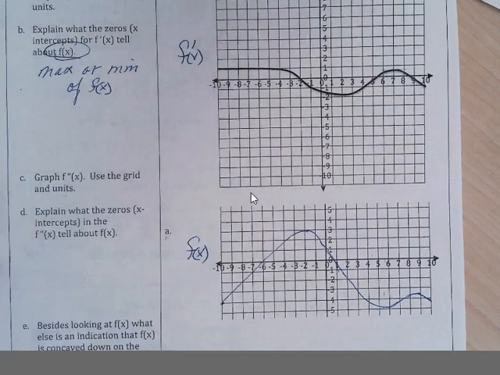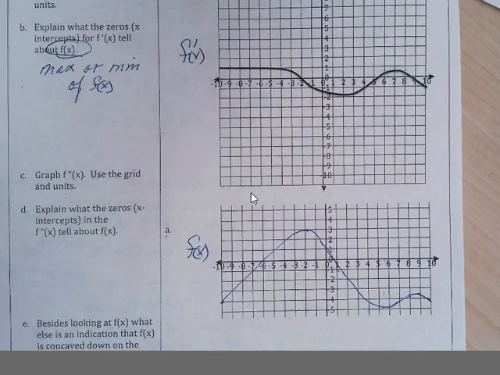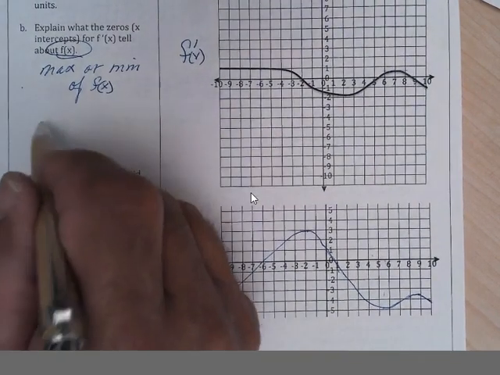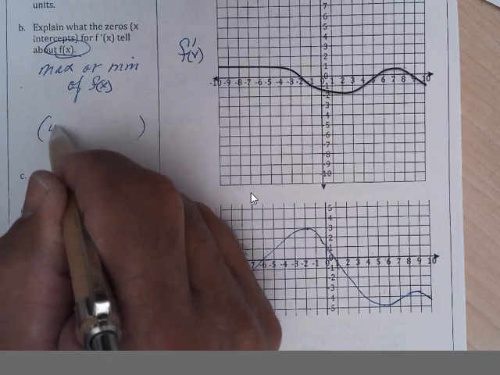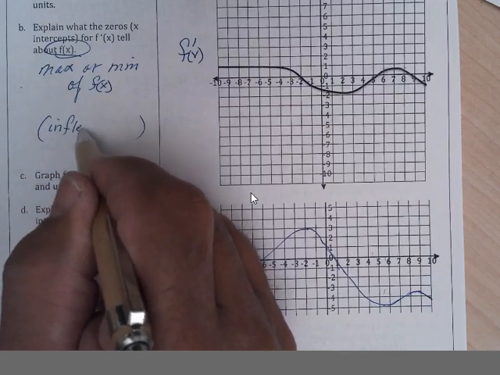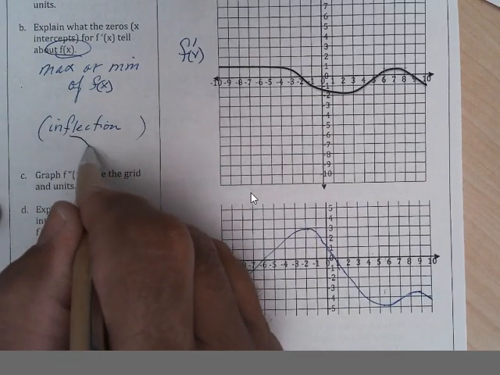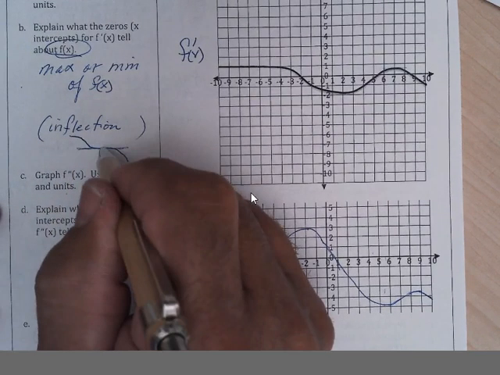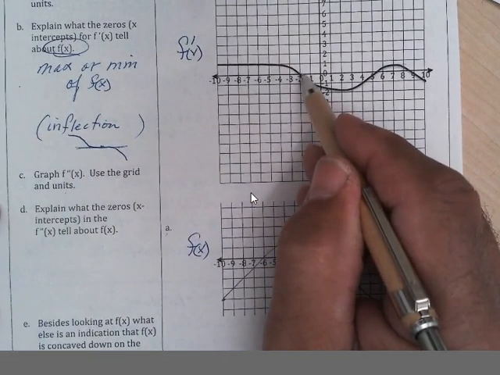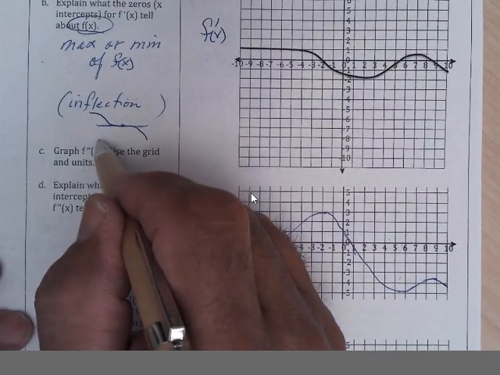I specifically asked, what does the first derivative tell us about the original function? It could also be a kind of a flat inflection, a place where it goes flat and then goes down. That would have a slope of 0, and so the derivative would be 0. Or it could be coming up.